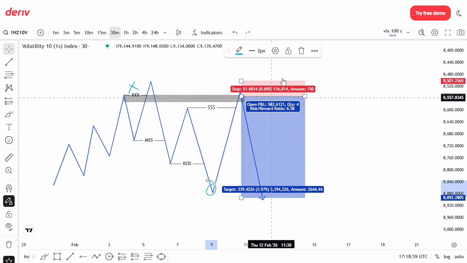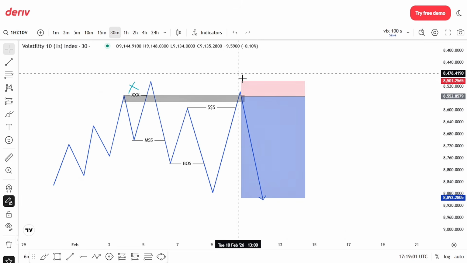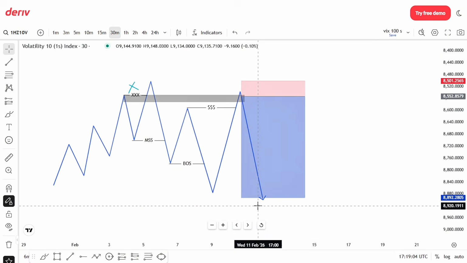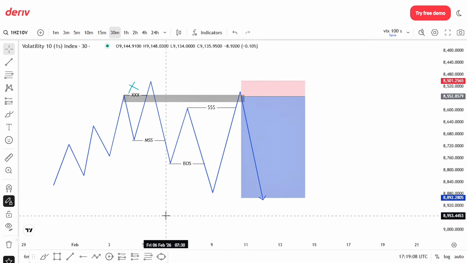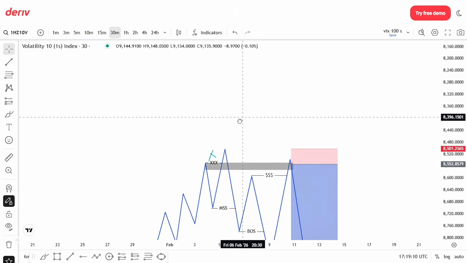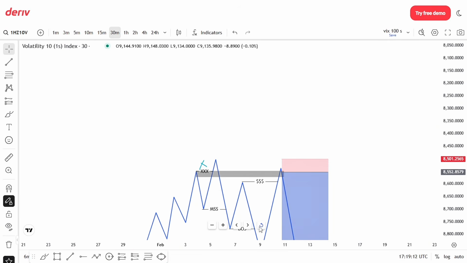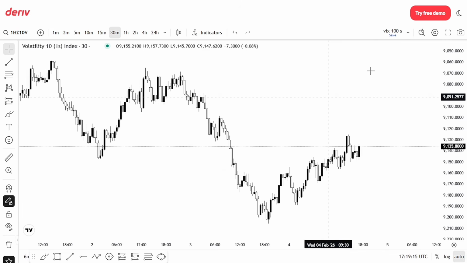Then you come all the way down, you enter, and you hit your take profit. This is exactly the model which I used for the VIX 1 second.